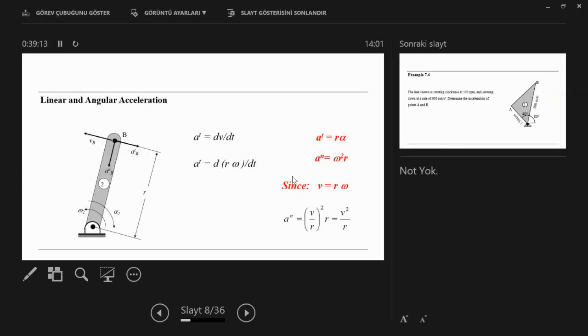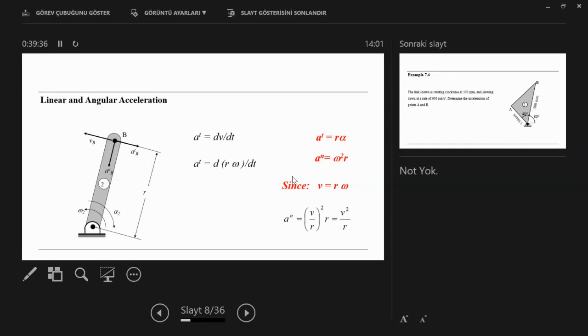So that's angular acceleration. Now we come to the driver of the mechanism. The crank, we call it crank. Crank is the driver, like a crankshaft in a car.